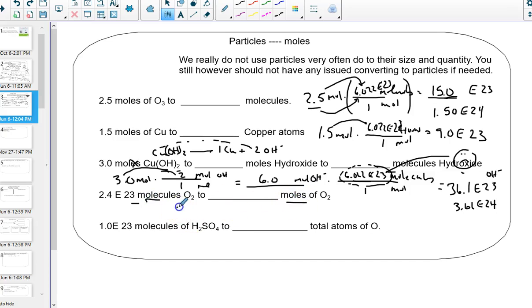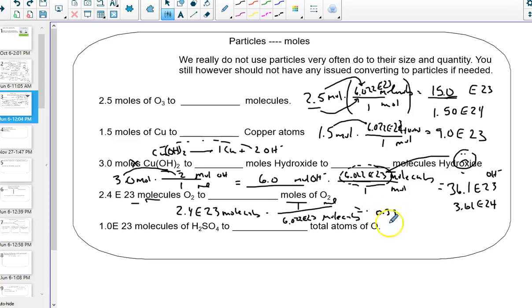So 2.4 E to the 23rd molecules, and I want to get rid of molecules. I want to go to moles. This work is really important because it keeps you from making silly human errors. So 2.4 E to the 24th, not 23rd, divided by 6.022 E to the 23rd, and we get 0.39.